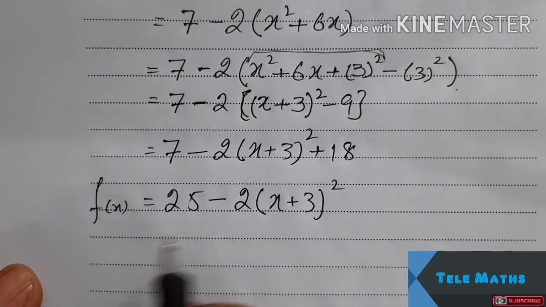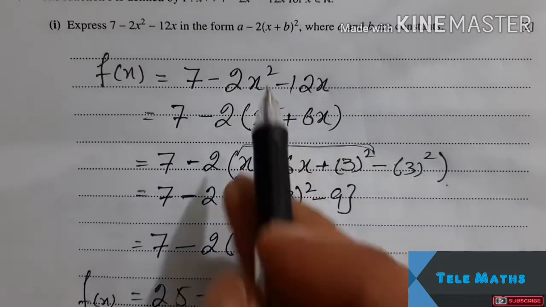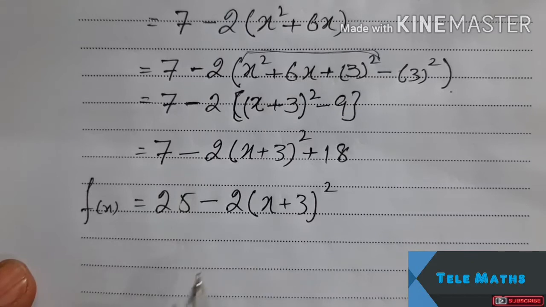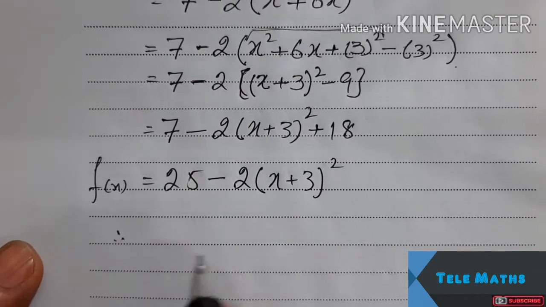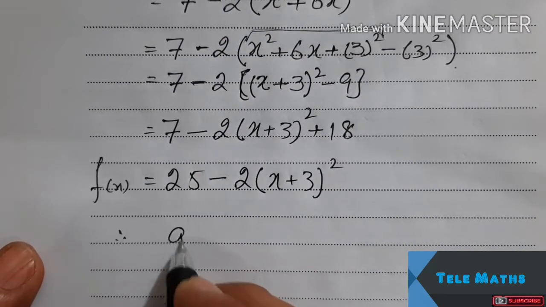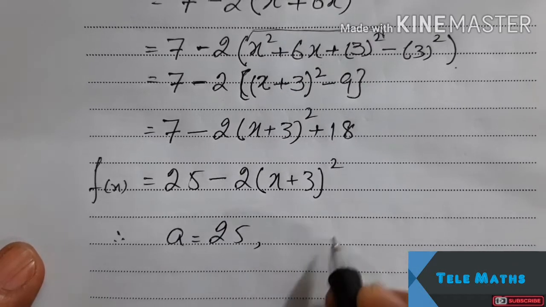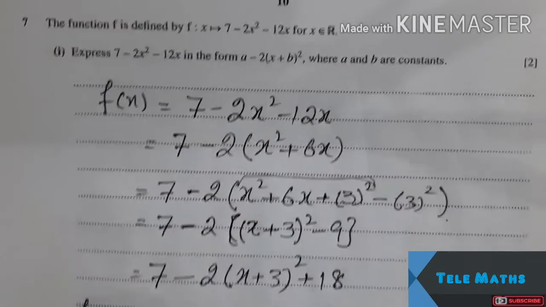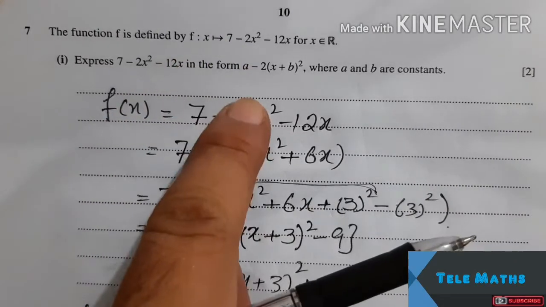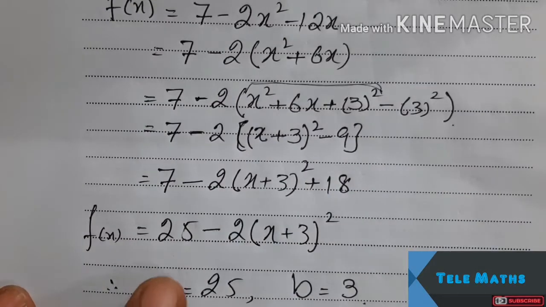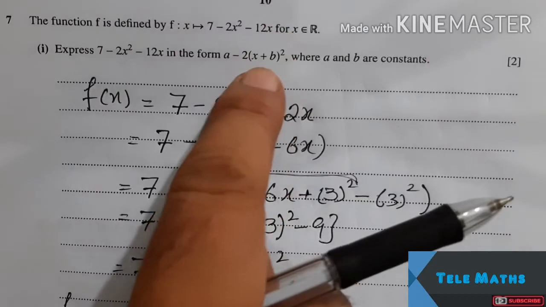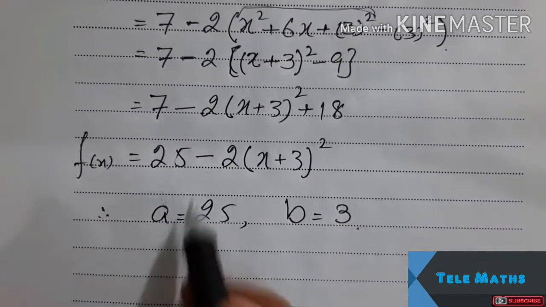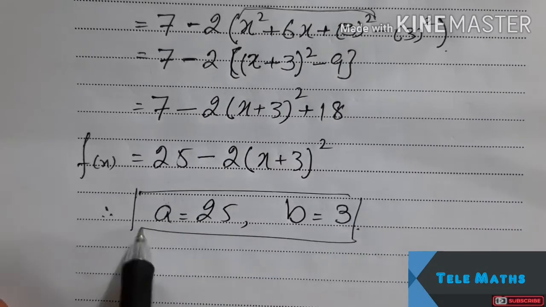This is our f(x) in the form of a minus 2 into (x plus b) whole square. So therefore a will be 25 and b will be 3, because in the place of a there is 25 and in the place of b there is 3. This is the answer of part 1.